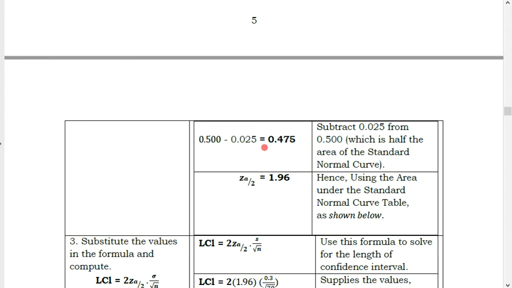That would be 1.96. So, kung hahanapin ninyo sa table, ito yung makukuha nyo na z-score. So, nakuha na natin yung value ng z sub a over 2, which is 1.96.